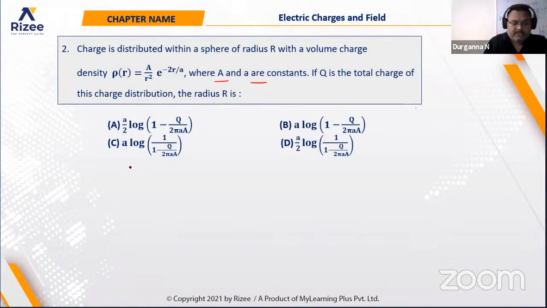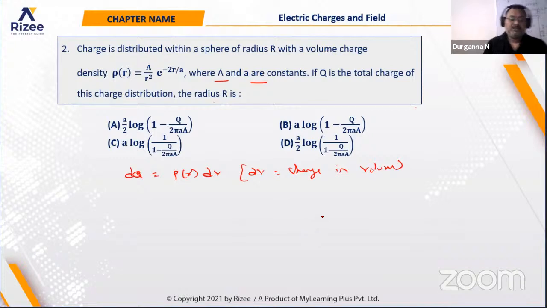The charge dq can be written as rho of r into dv, where dv is the change in volume. So dq is equal to A by r square into e to the power of minus 2r by a.